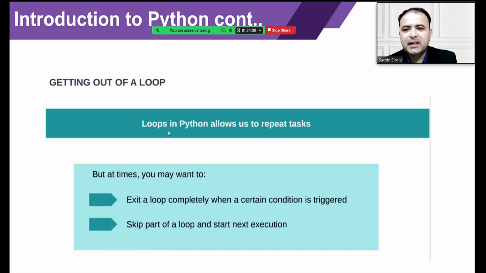Now the topic is getting out of a loop in Python. Loops allow us to repeat tasks, but at times you may want to exit a loop completely when a certain condition is triggered, or skip part of the loop and start the next execution. Obviously, when the condition becomes false, the statement after the loop is executed.